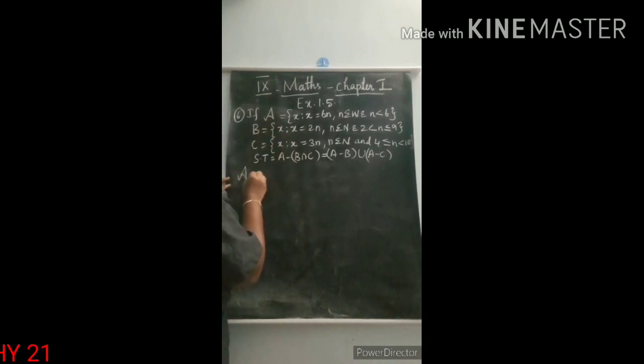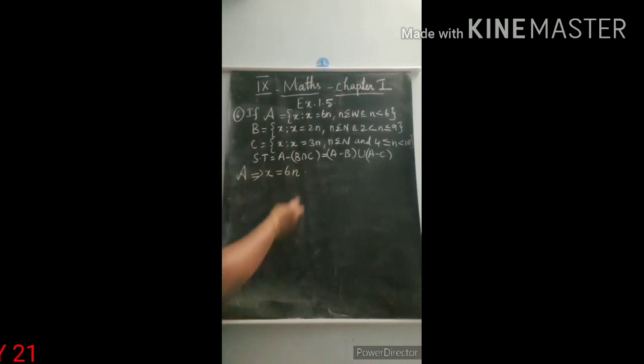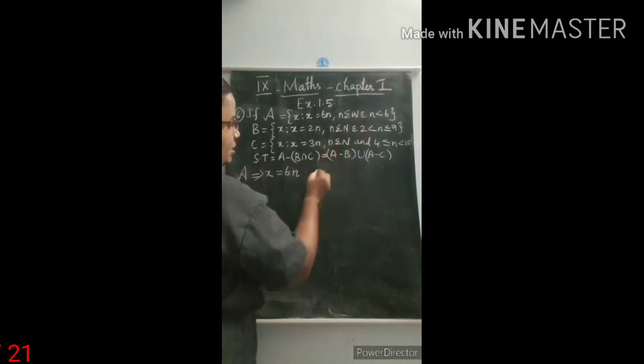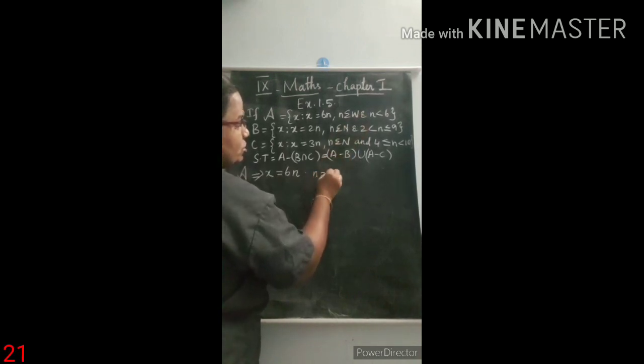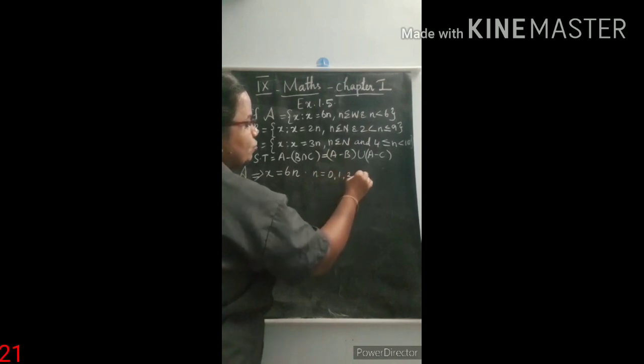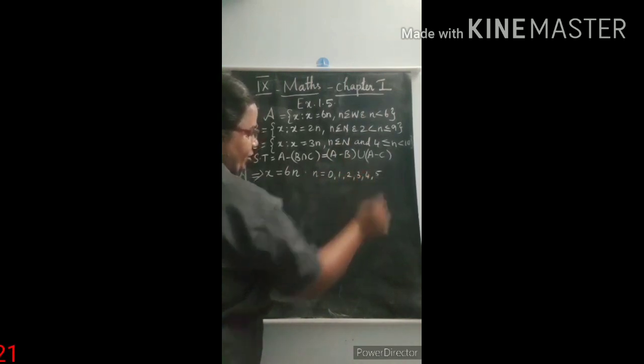What is A? A is x such that x is equal to 6n. So we have to take whole numbers, so n is equal to 0, 1, 2, 3, 4 up to 5.